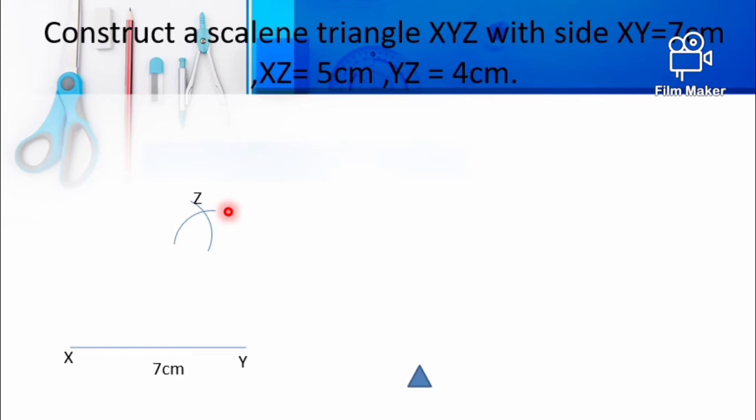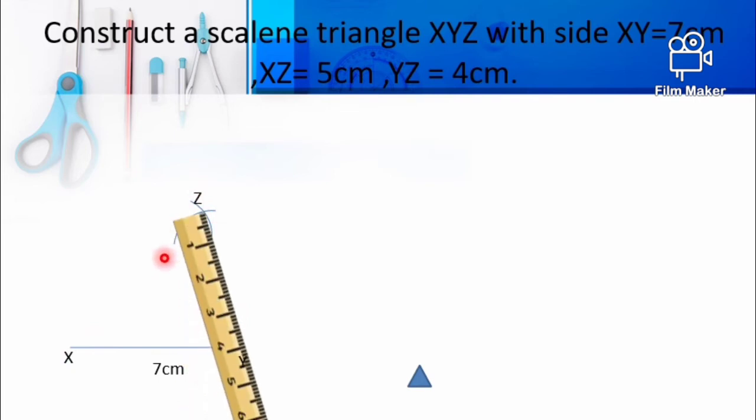Now we have three vertices of a triangle: X, Y and Z. You can see this is point X, point Y and point Z. Now we have to join the points XZ and YZ. First we will join YZ, which is of 4 centimeter. You can see this is because the arc is of 4 centimeters, so the line should be of 4 centimeter.